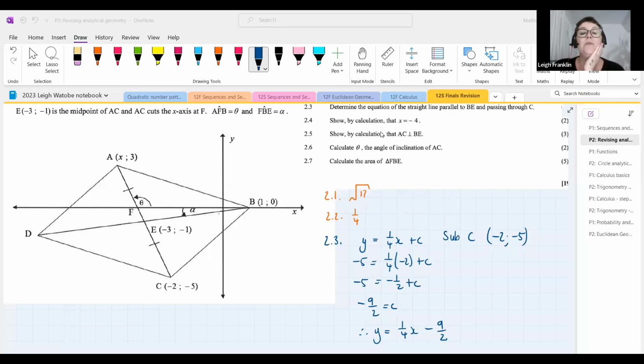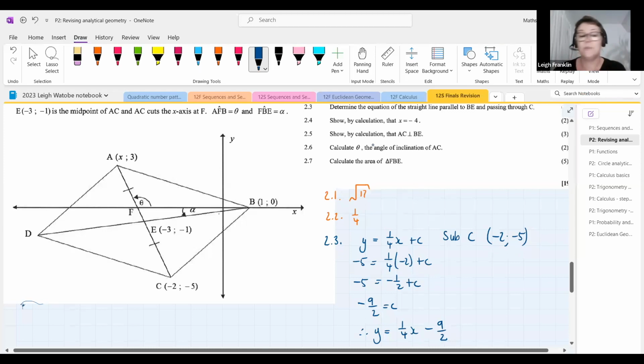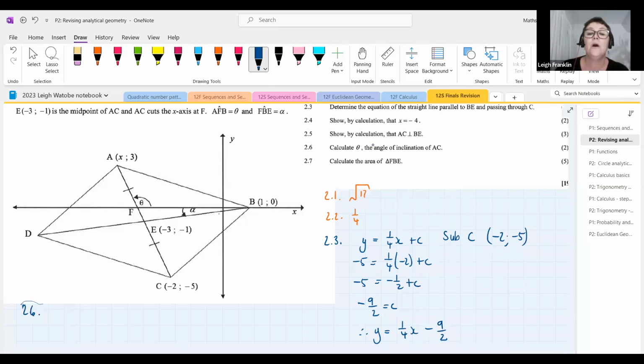All right, so question 2.6, calculating the size of angle theta. Here, Voloshin, we need the gradient of this line, line AC.